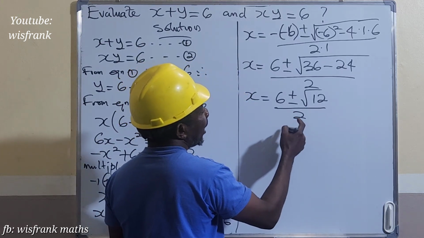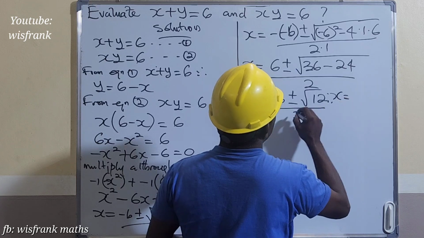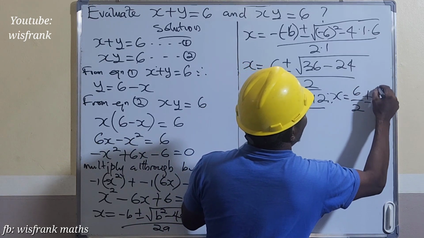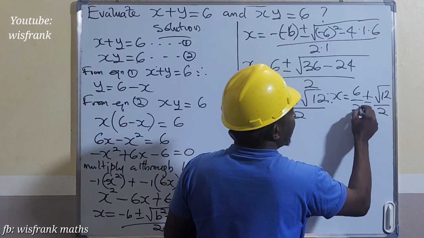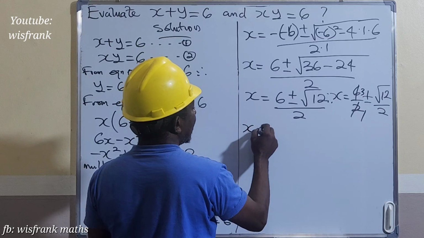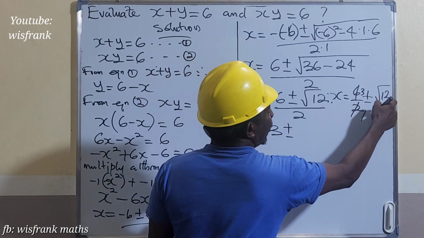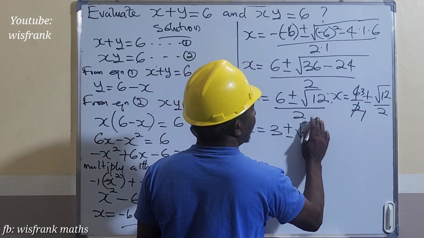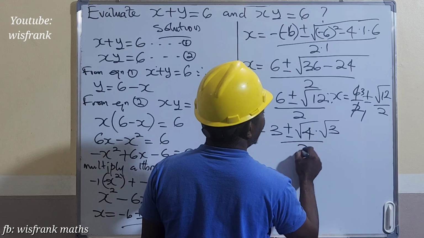So this is the same thing as having x equals 6 over 2 plus or minus square root of 12 over 2. In this case, 2 will cancel here to give 1, and 2 will cancel here to give 3. We have x equals 3 plus or minus square root of 12, which is the same thing as square root of 4 times square root of 3, all over 2.